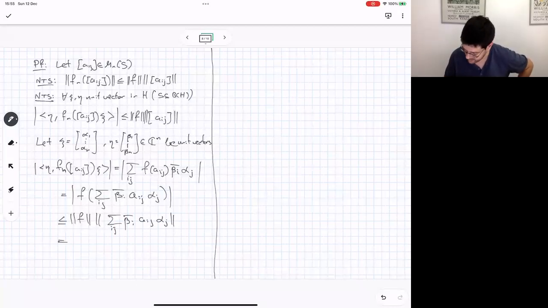yeah, so I'm going to do the following thing. I'm going to write the norm of F times the norm of the 1-1 entry of the matrix. So I want to construct a matrix, capital Xi, that will be alpha 1 until alpha n, and then just zeros.